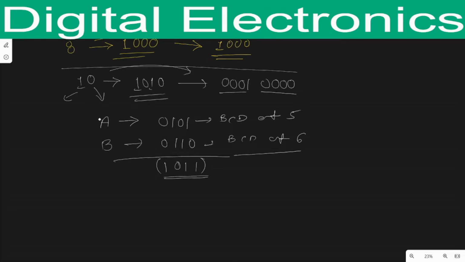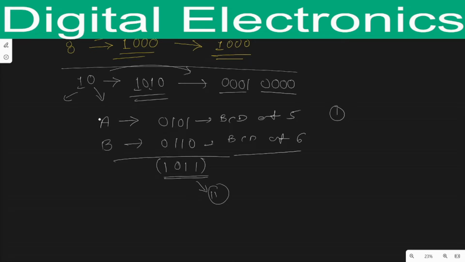at that time we have to understand two basic conditions. According to the first condition, if after addition of two BCD numbers our answer is greater than 9, here this 1011 is a representation of binary 11.